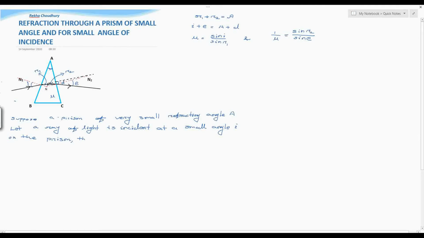Then angles R1, R2 and E will also be small.